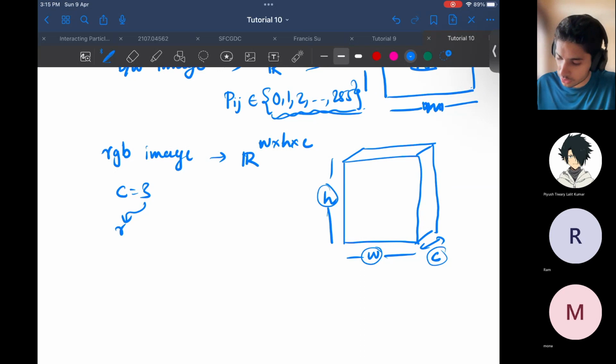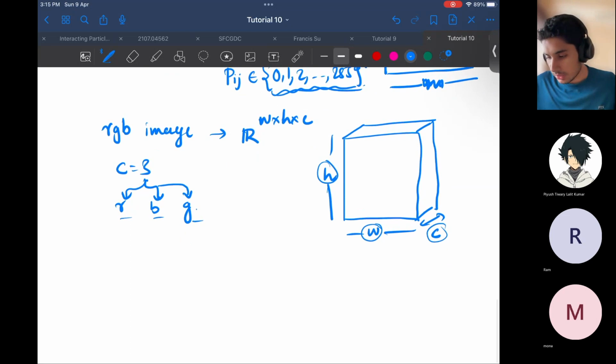One channel represents the red spectra, another represents the blue spectra, and the third channel represents the green spectra. So R, G, and B. This is why we call it an RGB image, because it contains three channels. Each channel shows one of the corresponding spectra.